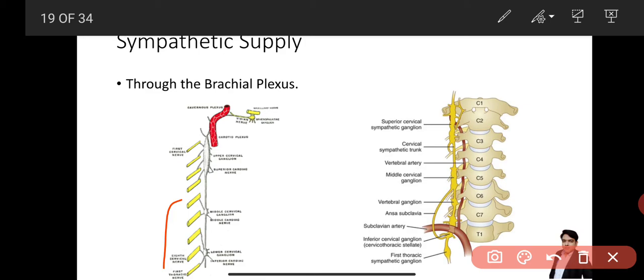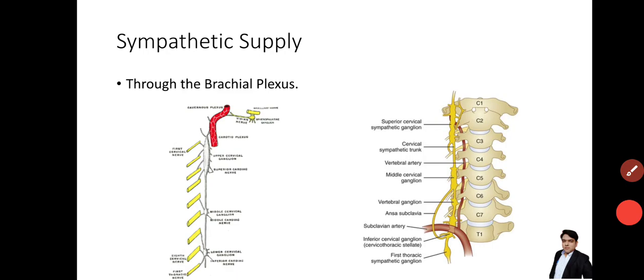As far as the sympathetic supply of upper limb is concerned, the T1 is mainly responsible for the sympathetic supply of upper limb.